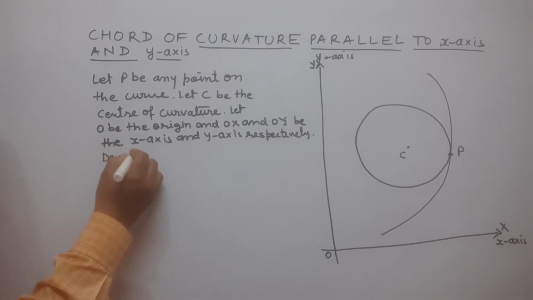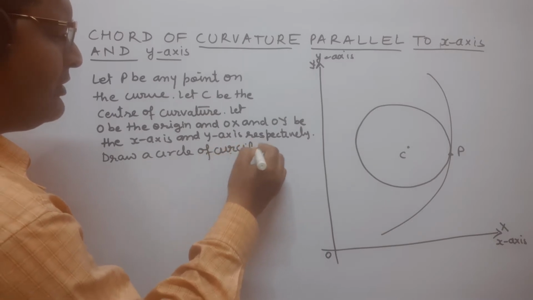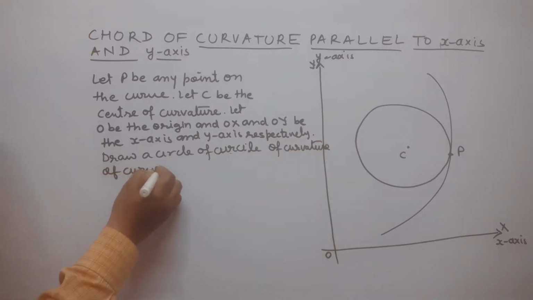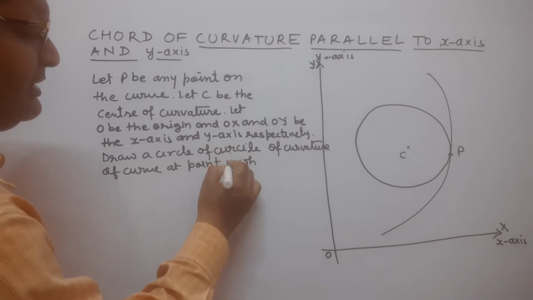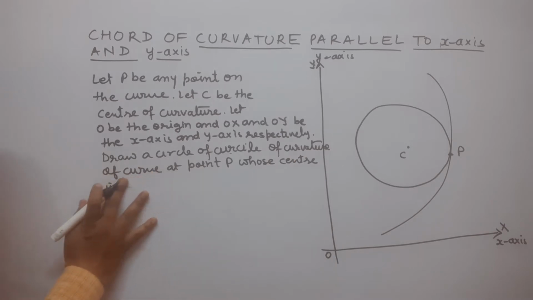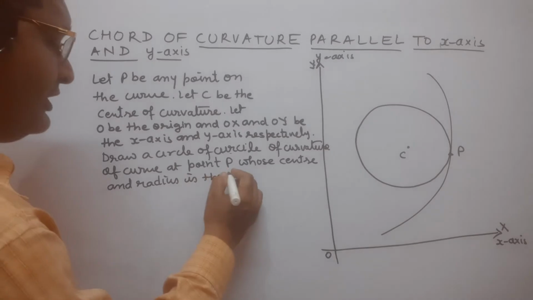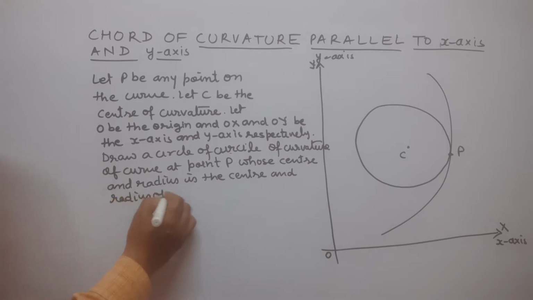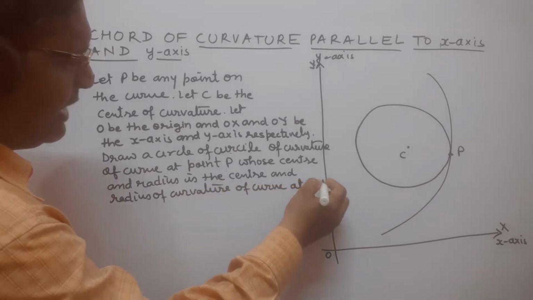So draw a circle of curvature of curve at point P whose center and radius is the center and radius of curvature of curve at that point.